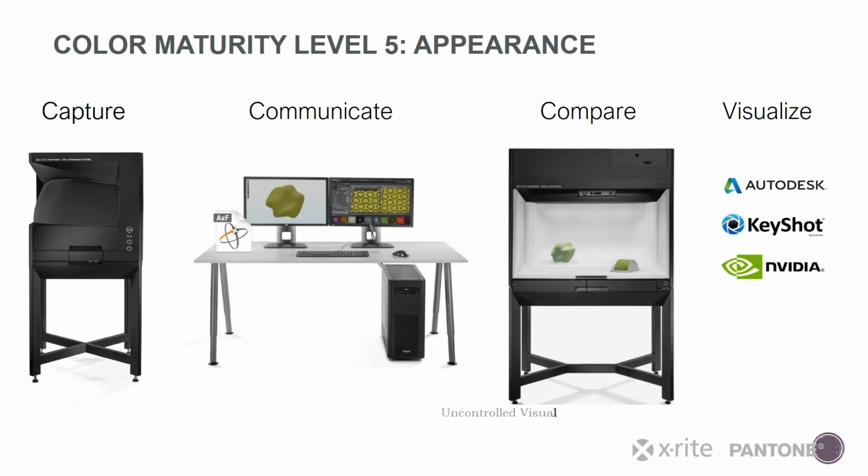It's straightforward. It's not a simple system, but we would capture on the left with a special kind of theater that we place the objects in. We communicate this, and it can go through a couple of CAD systems now, not in the textile world, but in other areas. And then we can compare.